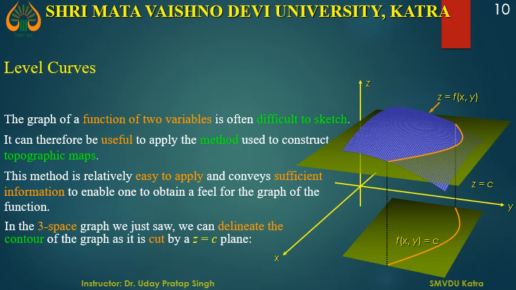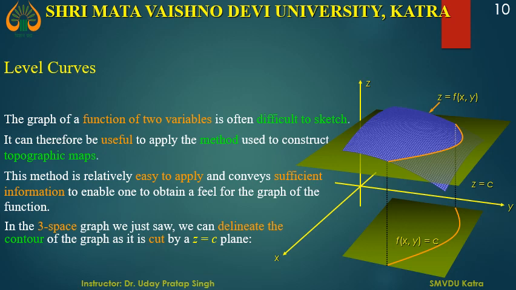Therefore, it is useful to apply a method such that those complex terms will appear in a much easier form in front of our eyes, right? What is the way that we will do this? We will do this by a topographic map, right?